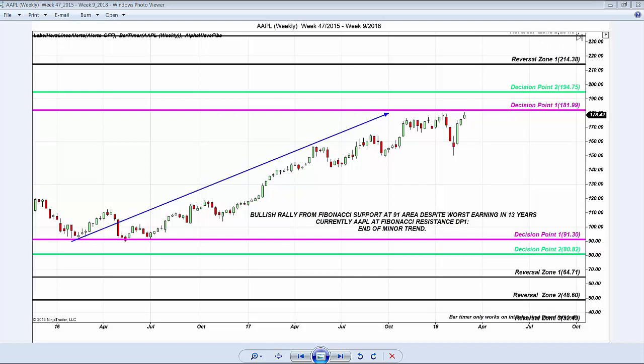This is ultimate Fibonacci support. No earnings, no news matters. Support is present, rules are met, take a trade. Rules are not met, do not touch the market. And that was a very powerful reminder.